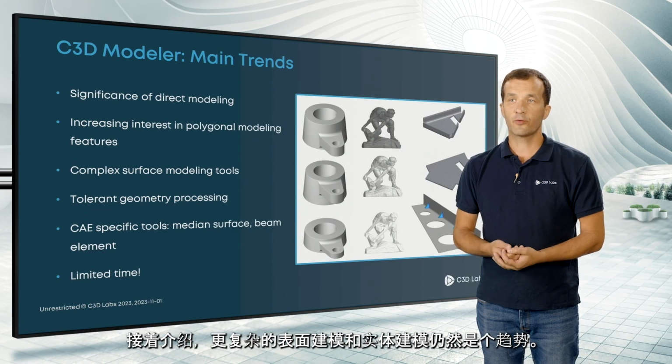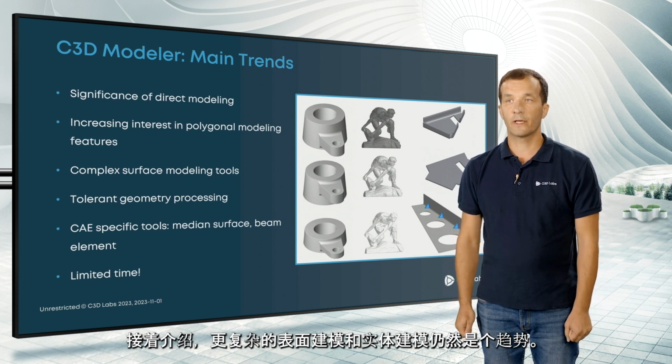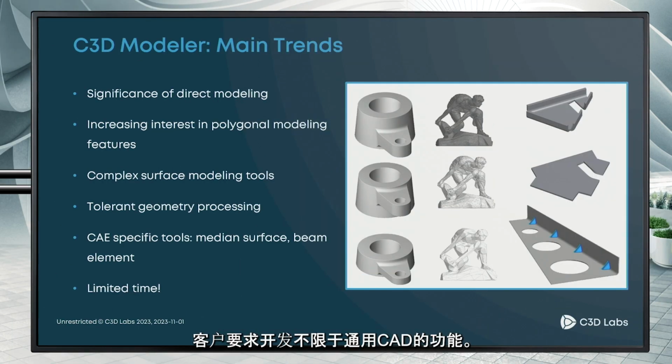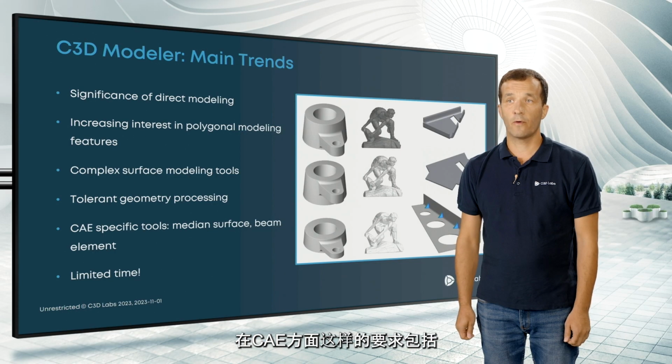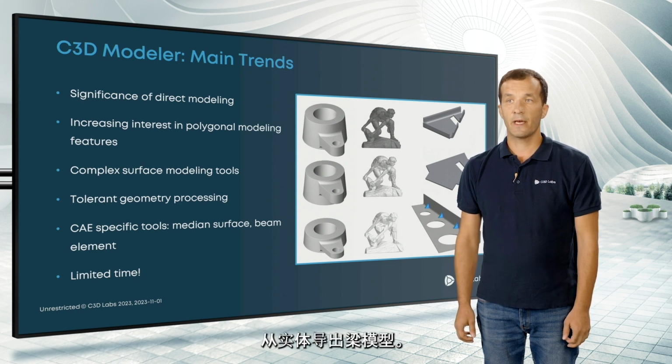Next, the trend towards more complex surface and solid modeling continues. There is a request for development of functionality that is not specific to traditional CAD systems. Examples of such requests for computer-aided engineering: the operation of constructing a mid-surface based on a solid model and extracting a beam model from a solid model.